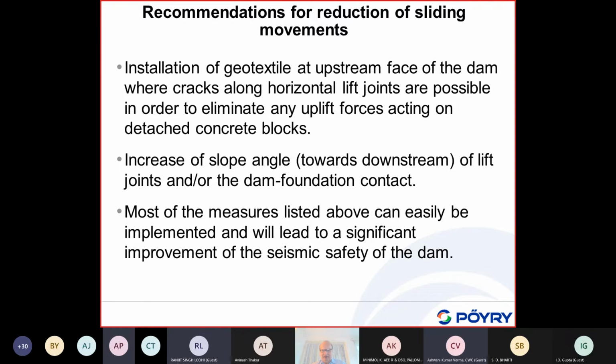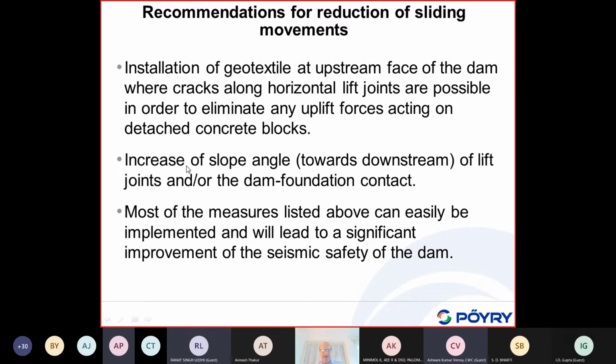We have seen for block number 2, with uplift, it gives displacements of 4.4 meters, but without uplift, it gave only about 1.6 meters. So if you would do a geotextile at the possible locations of that sliding surface, it has a big effect on the sliding movements.